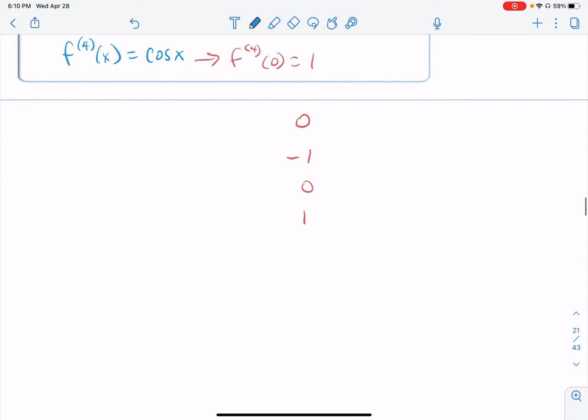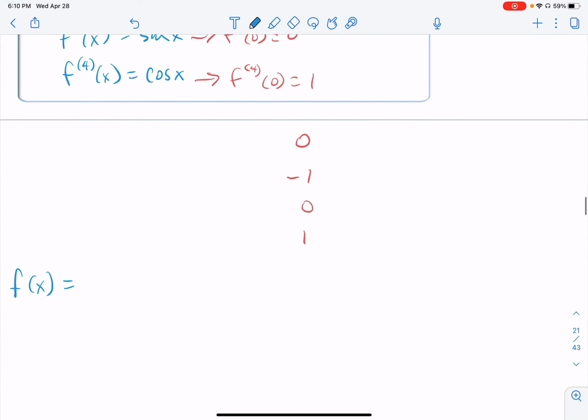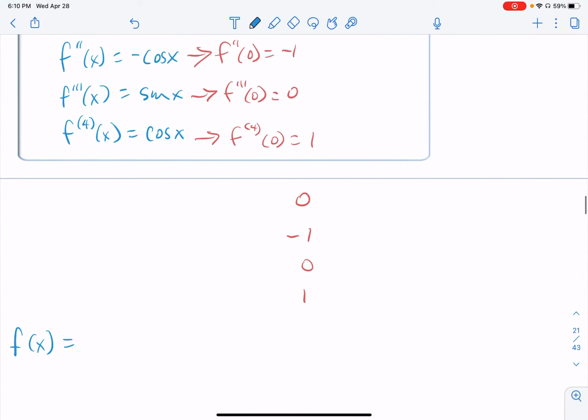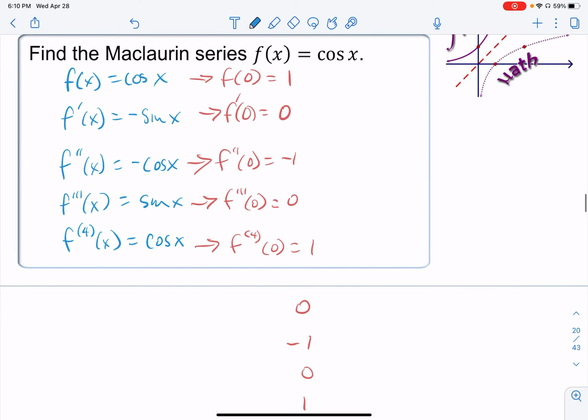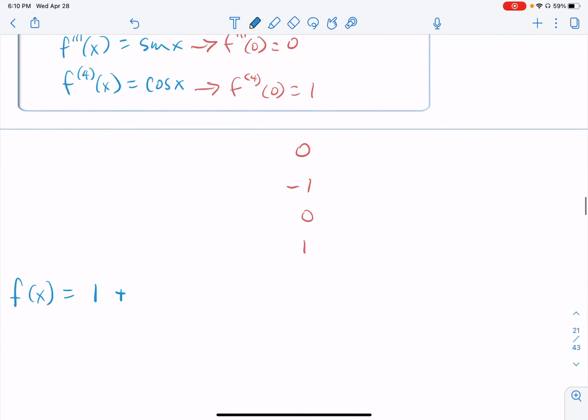Now we fit the little description, the little recipe for the Taylor series, and then see if we can find a pattern amongst all the terms. So our f of x, our function, is going to be represented by this Taylor series as, well, Maclaurin, come on, it's Maclaurin. All right, so our f of 0 is 1, so we're starting with 1, plus, then our next derivative is 0 over 1 factorial.